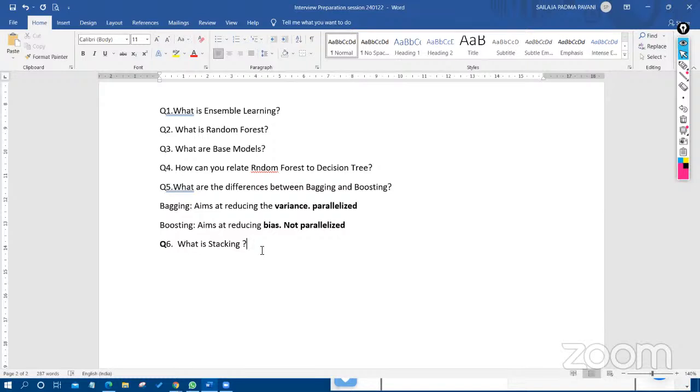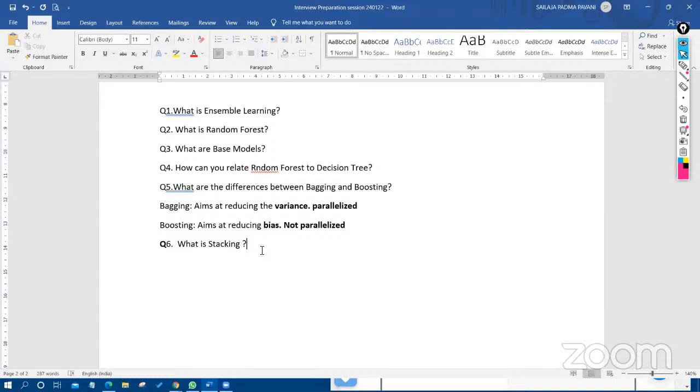Yes, Ashish. It is good. It is heterogeneous. It means we can use different models.